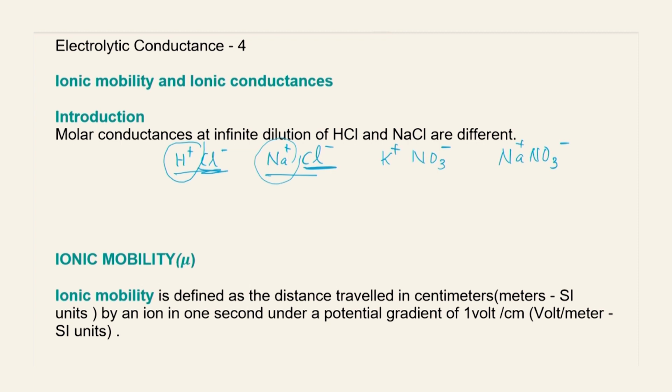This is because H+ ions are fast moving ions, while Na+ ions are a bit larger in size, so compared to H+ they move slowly. Since H+ ions move faster, H+ ions carry more current. Na+ ions do not move that fast and therefore cannot carry as much current as H+ carries.